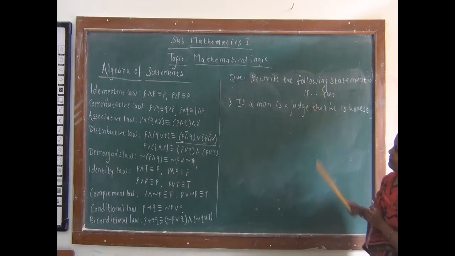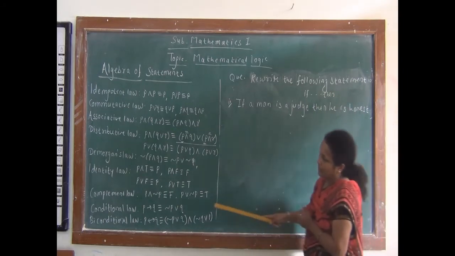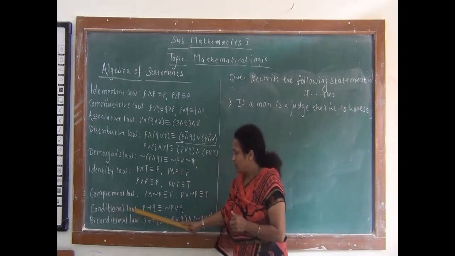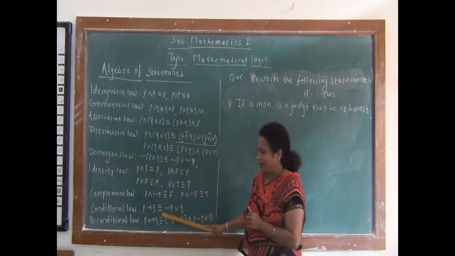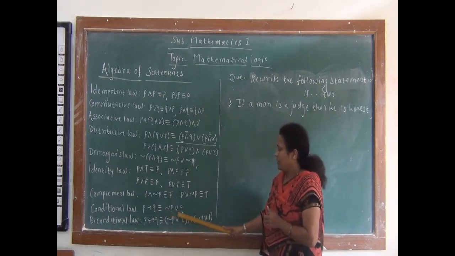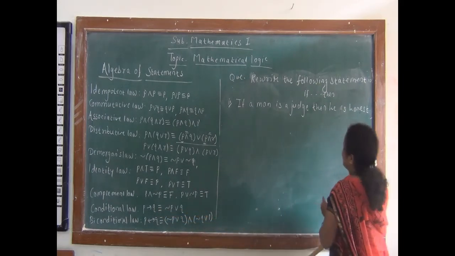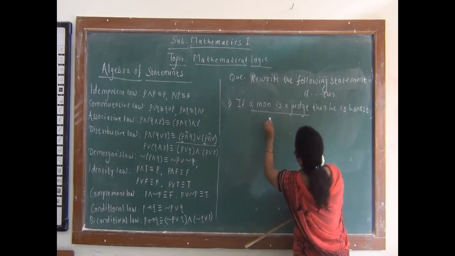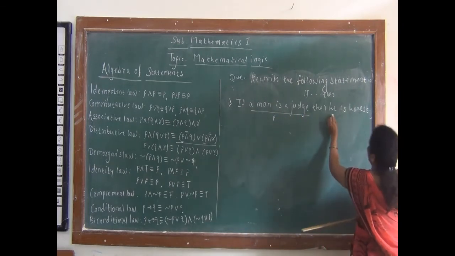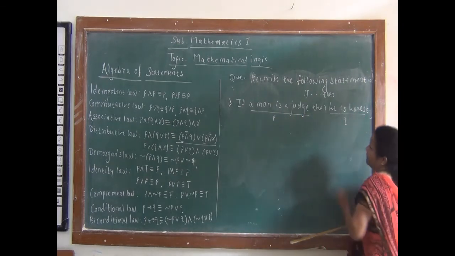To rewrite this conditional statement, we use our conditional law, that is P implies Q is equivalent to negation P or Q. Here this is our P statement and this is our Q statement.